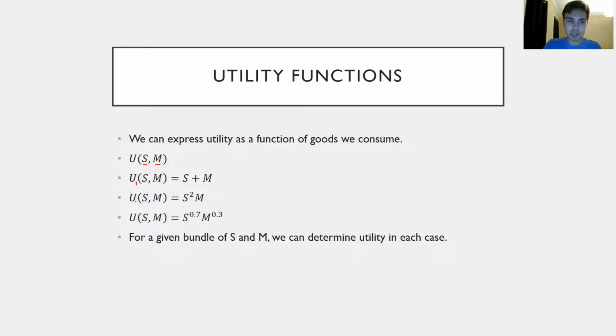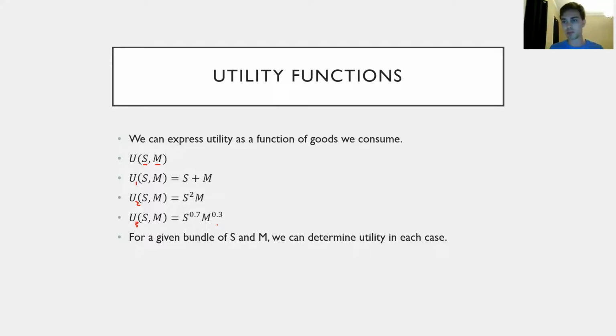We can think of a different utility function that says their utility is equal to the number of Skittles they have squared times the number of M&Ms they have. Or again, you could pick a third utility function that is the number of Skittles they have to the power of 0.7 times the number of M&Ms they have to the power of 0.3, right? So utility functions can be all sorts of things.